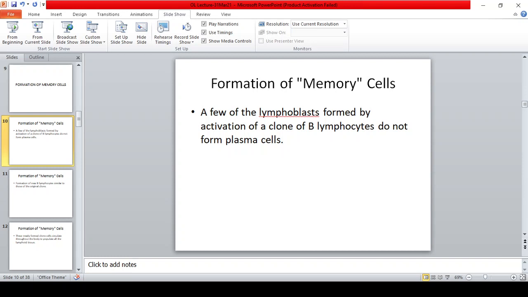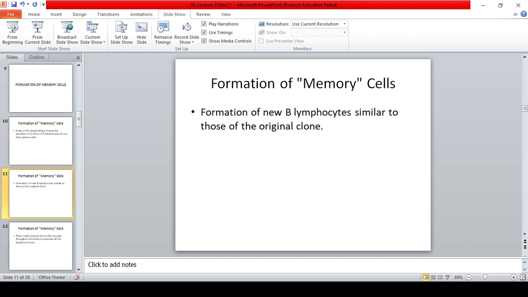A few of the lymphoblasts formed by the activation of a clone of B lymphocytes do not form plasma cells as the majority of other lymphoblasts do. Rather, they form new B lymphocytes similar to those of the original clone. So they form a population which is very similar to the original parent cell.